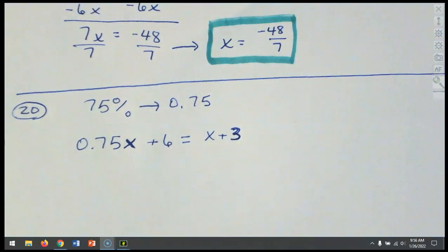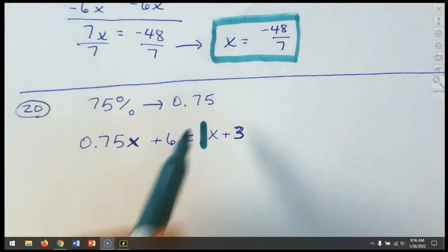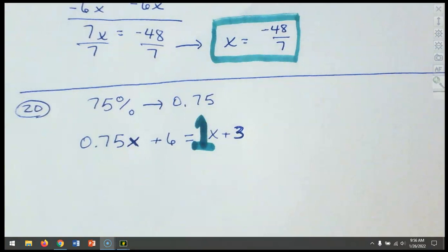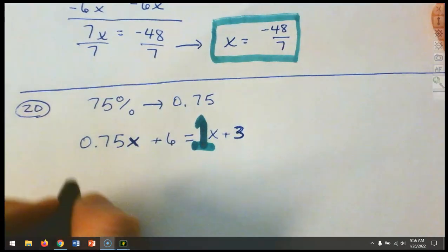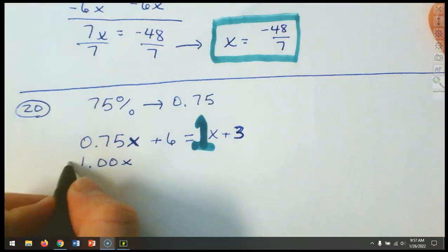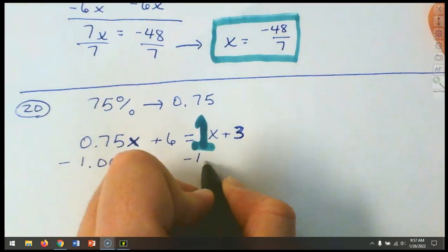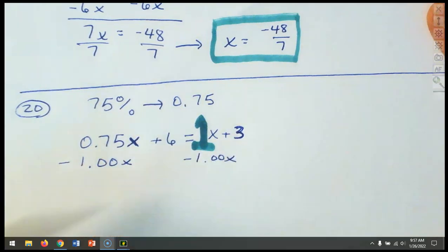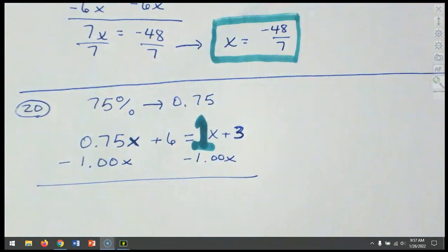Now we've got it. Now we can solve it. Be very, very careful when you work through these x's with the decimals. If it helps, put the 1 in front. Sometimes it makes it easier when you put that 1 in front, and if you write that as 1.00x when you move it over. That way you won't make a mistake, because a lot of times I see students make a mistake with the decimals.